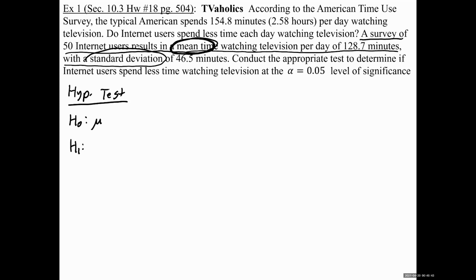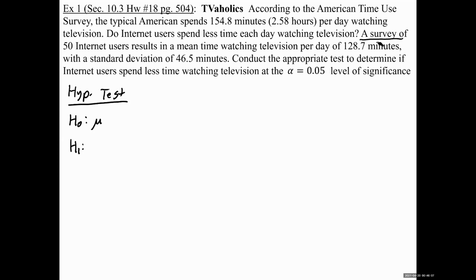If you saw this word as a keyword, so to speak, you might think it's a standard deviation problem, which it's not. So you got to be really careful. Don't just look for keywords. It says mean there, and if you saw that word first, you got it right. If you saw this first, you thought it's a standard deviation problem, you got it wrong. And then down the road, it might be a standard deviation problem, and you might think it's a mean problem. So just don't look for keywords.